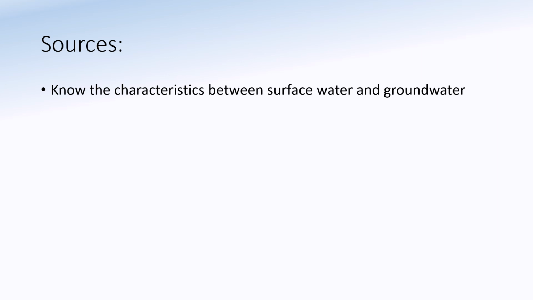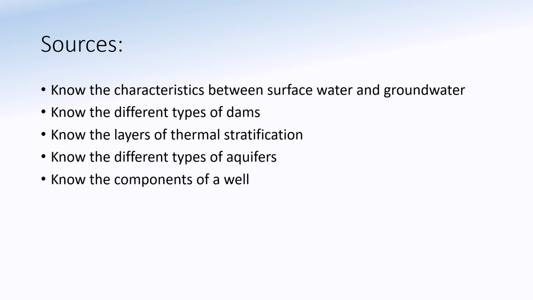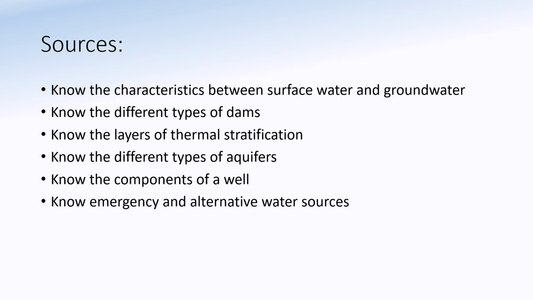You're going to want to know the differences between surface water and groundwater, the different types of thermal stratification, the hypolimnion, epilimnion, and the different types of aquifers, whether they're artesian, etc. All the components of a well, the well casings, seals, and then, of course, emergency alternative sources. And then, if you can recall, we had a little bit of groundwater math that we did.